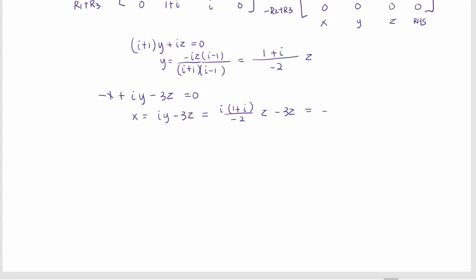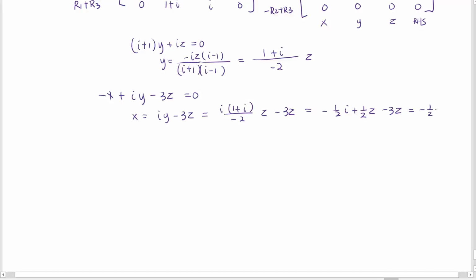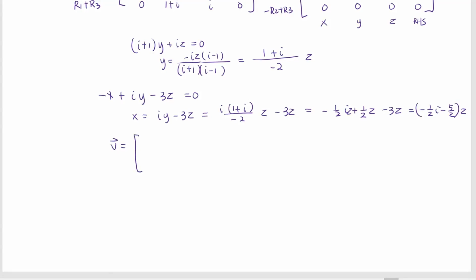Okay, so it's negative 1 half i squared, negative 1, so it cancels, becomes positive 1 half z, minus 3z is minus half iz. Yes, and then 1 half minus 3 is minus 5 half z. Okay, so that's my v. x is minus 1 half minus 1 half i minus 5 half z.